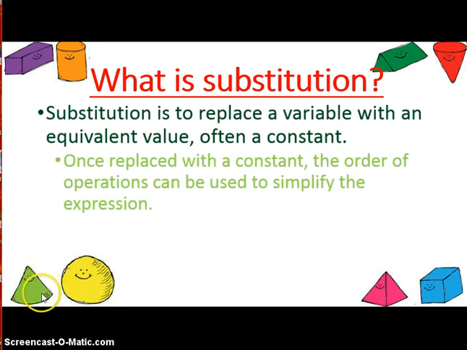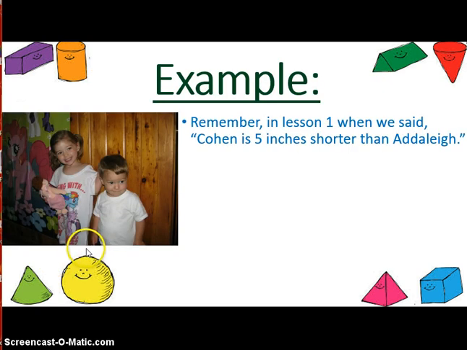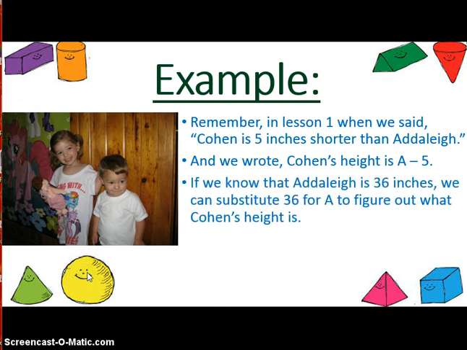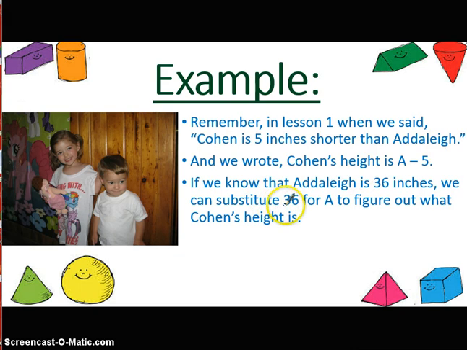Once replaced with a constant, the order of operations can be used to simplify the expression because it is no longer algebraic, it is numeric. So for example, remember in lesson 1 when we said Cohen is 5 inches shorter than Adelie? And we wrote that Cohen's height is A minus 5? Well, if we knew that Adelie is 36 inches, we can then substitute 36 for A because they are equal in value.